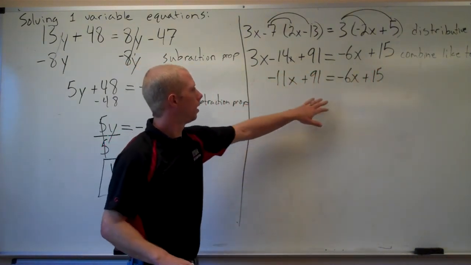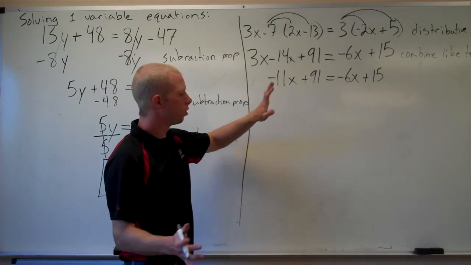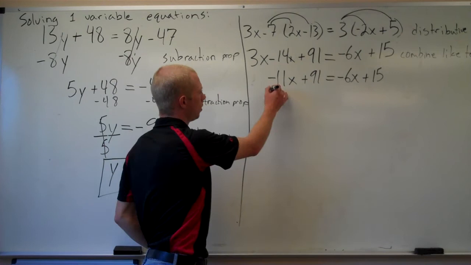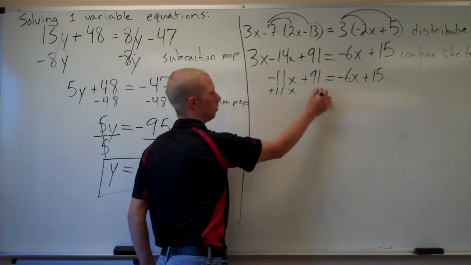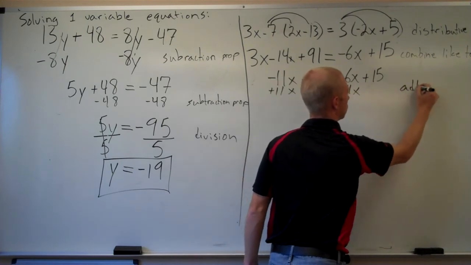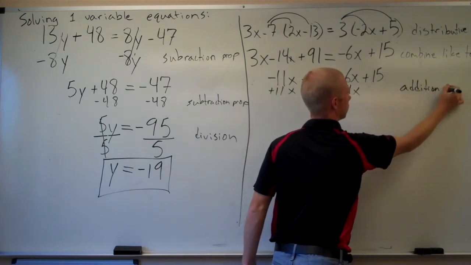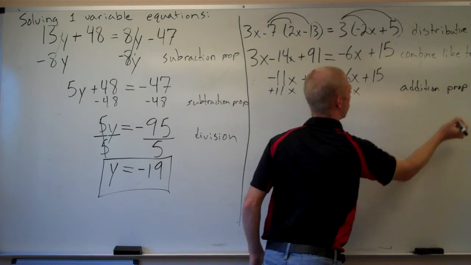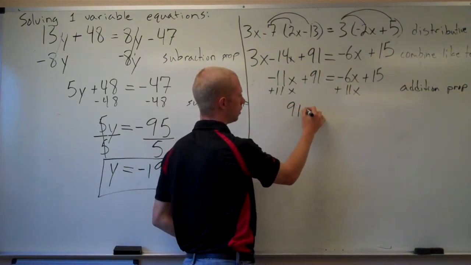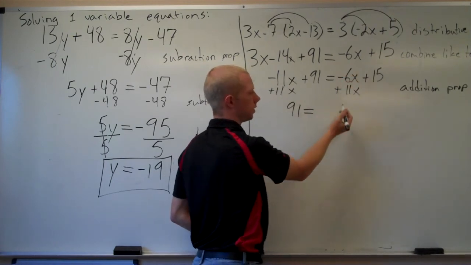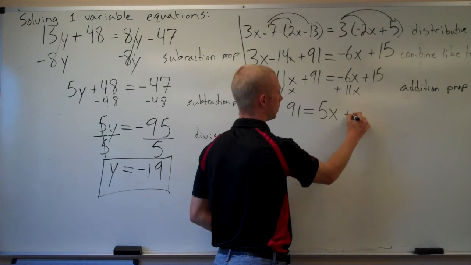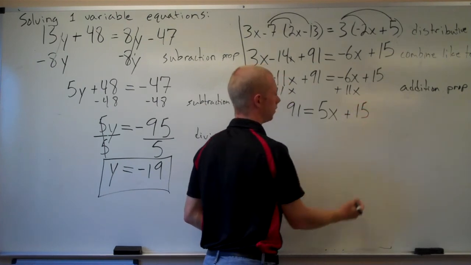At this point now, in order to keep everything positive, because I notice that this number is larger, I'm going to use addition to move my 11x over here. What I do to one side, I do to the other. That's going to give me 91 equals negative 6 plus 11 should be 5x plus 15.